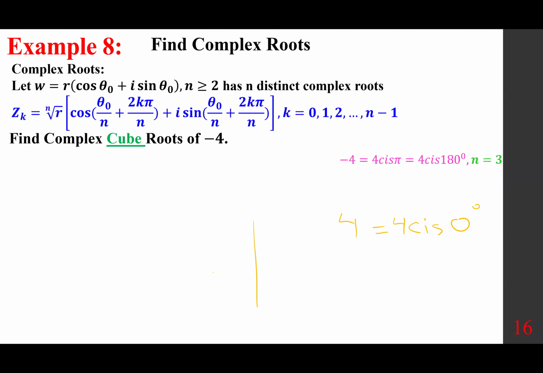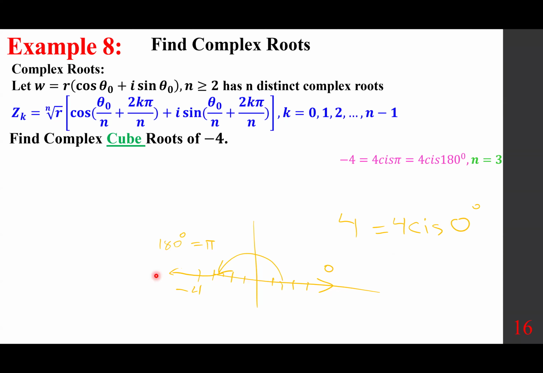Remember, this is 0 degrees, right? And on this side is 180 degrees or pi radians. So this is 1, 2, 3, 4, and this is 1, 2, 3, 4 on the negative side. So any number that is positive along the x-axis would be the same number cis 0.